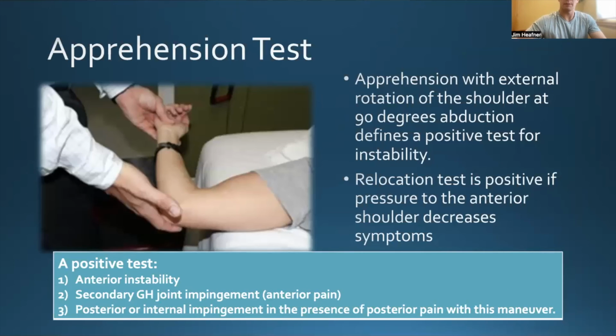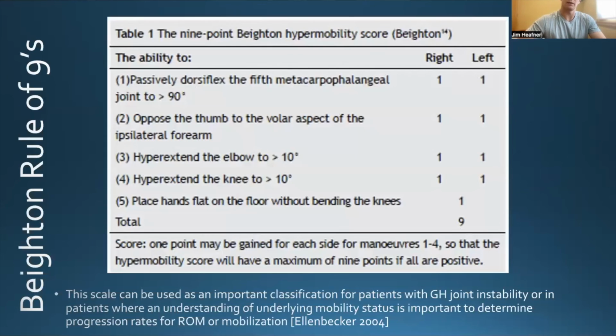I mentioned the apprehension test, and then also people who have shoulder instability, especially those people in that AMBRI classification, so atraumatic multidirectional, you might want to do a Beighton rule of nines on, which just shows that they have gross hypermobility or hyperlaxity throughout their body.